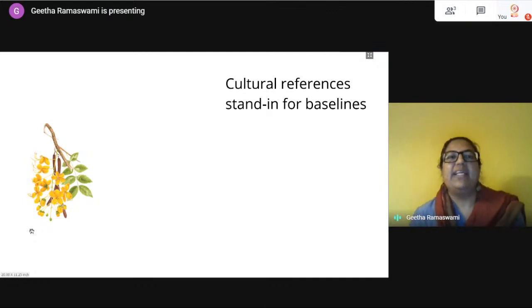And there was a time when the flowers of the Indian laburnum were copious around this time, and people used them for the celebrations of the Vishu festival. However, over the past decade or so, people have noticed that the quantity of flowering around Vishu is less, and sometimes people don't even find these flowers around Vishu time, and they have to resort to buying plastic flowers.